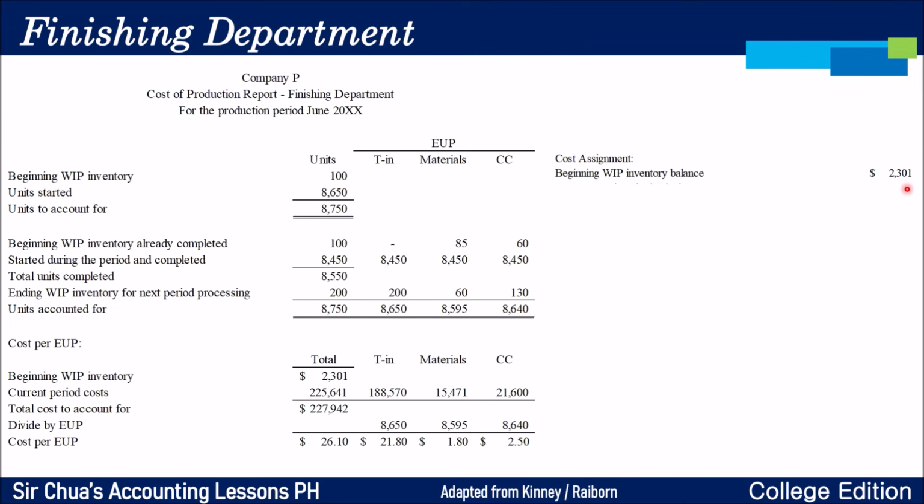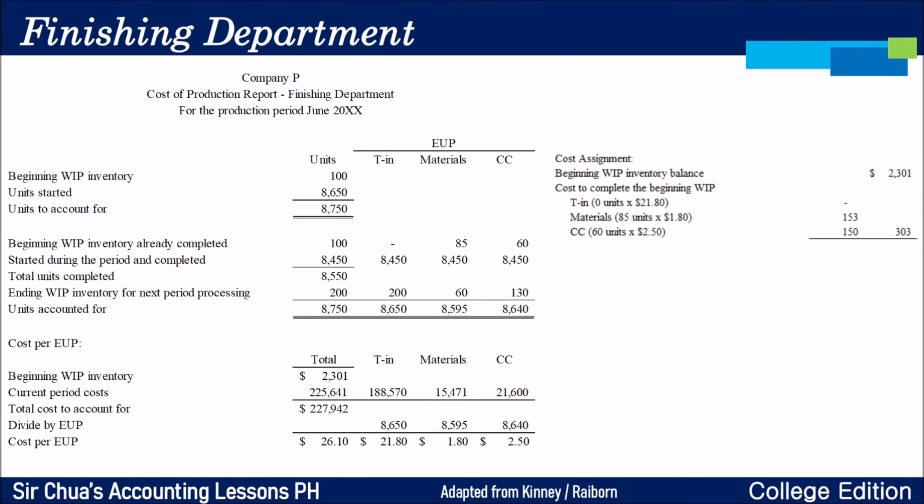Okay? And then, syempre, next thing that we do is cost to complete the beginning work in process, which is ito po, at ito po. Okay. So, what happened is, as to transferred in, wala na pong equivalent units yun. So, 0. And then, sa materials naman po natin is 85 units times 1.8. Ito po yun, which is 153.